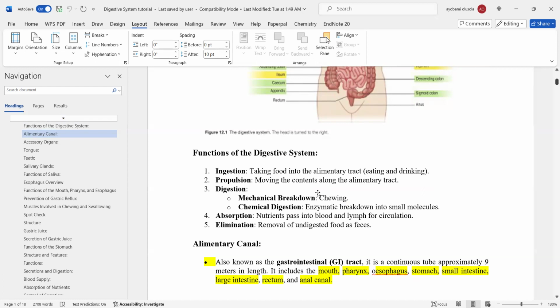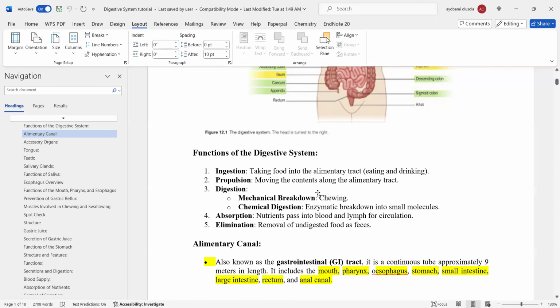Then we have elimination. It is the removal of undigested food as feces. The food that is not digested moves into the large intestine. If it's still not absorbed, then it passes out as feces.